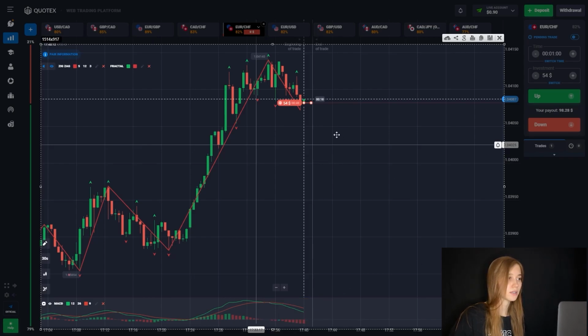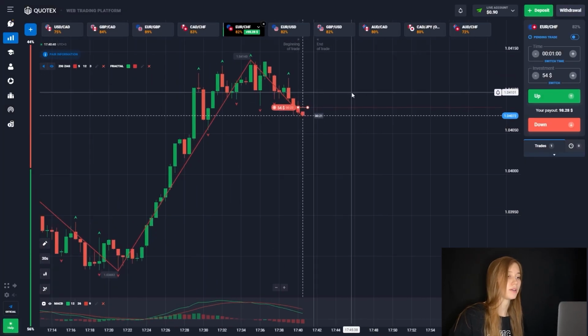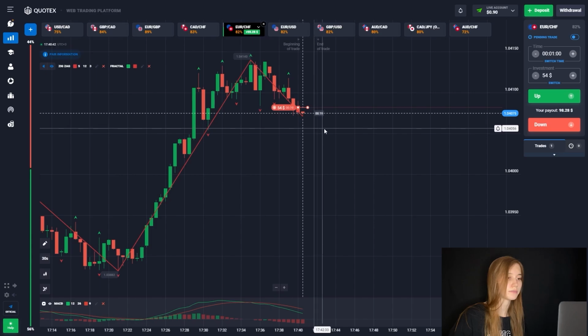And we can also note for ourselves the formed maximum zone from which the price bounced off, and based on this, I think that the movement should go down. So let's see if a minimum point is formed in this area.